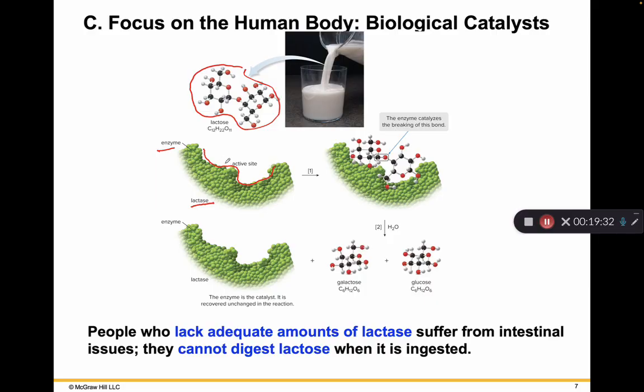The structure of the enzyme, the protein, will be such that maybe it is something like a pocket, so that these molecules come here and get stuck. And now the breaking down of the bond will be much faster when they are trapped in the active site of the enzyme.